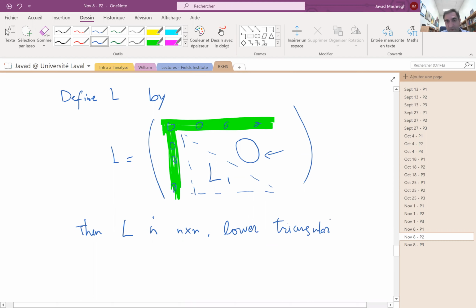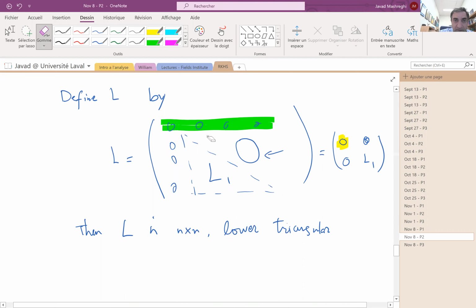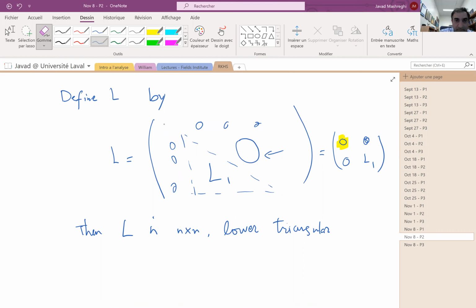In standard books, sometimes they write it this way too: 0, 0, 0, L1. Which is true, very good, but you need to be careful that these zeros are not the same. The first 0 here is just a scalar.